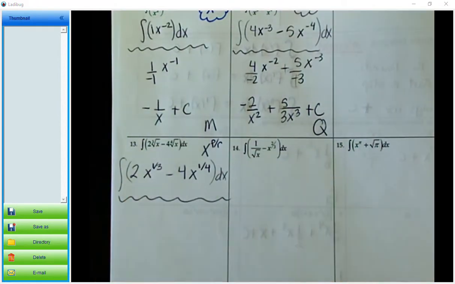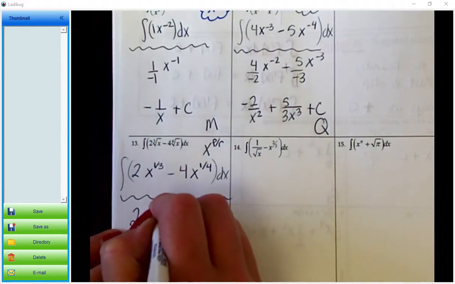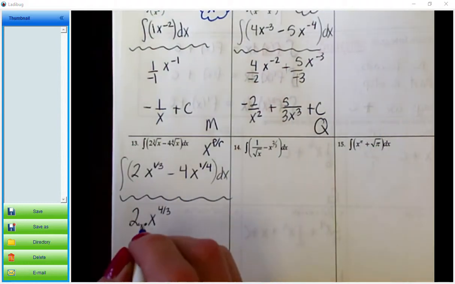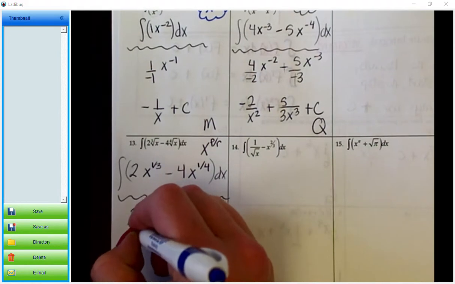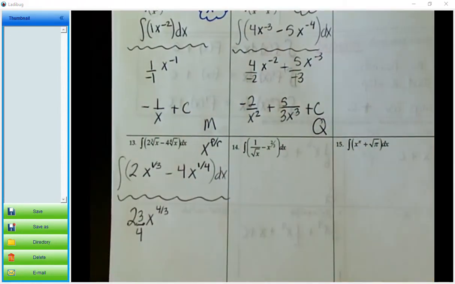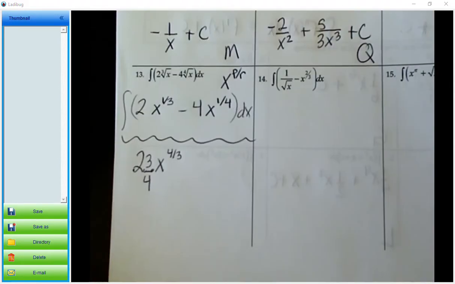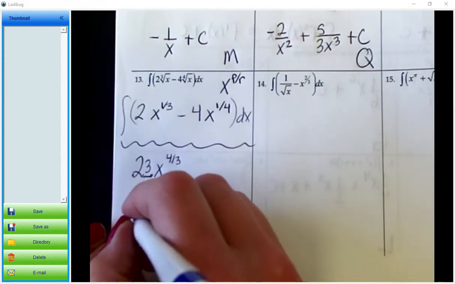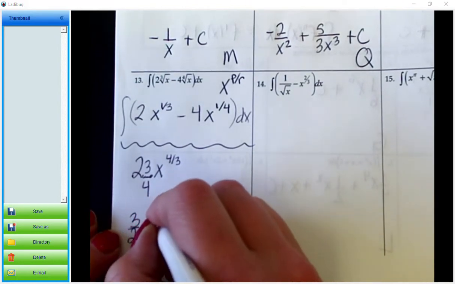You've got a calculator, right? Do your arithmetic. Don't get it wrong. Add 1. 4/3. Divide by 4/3. Multiply by 3/4. That's why I like to say multiply by reciprocal. Helps me get that fraction right. And where does that go? So 3/2 x to the 4/3.